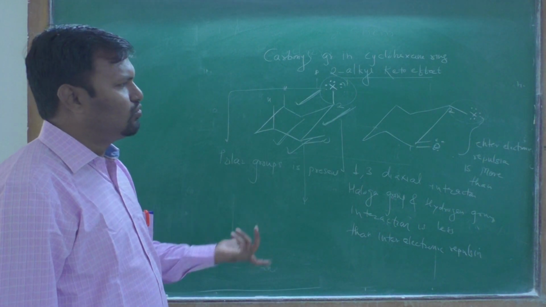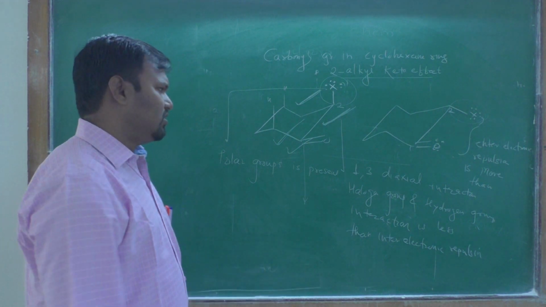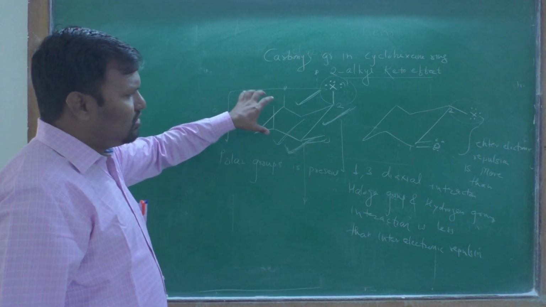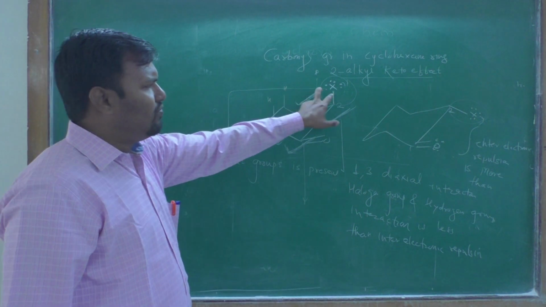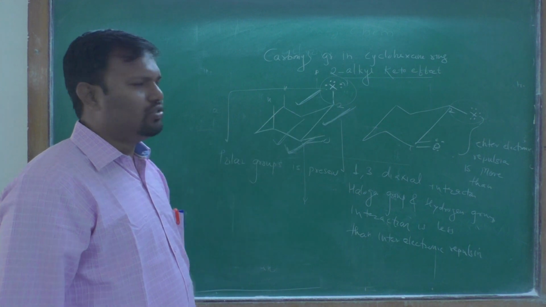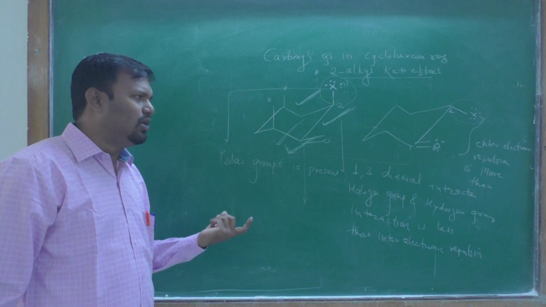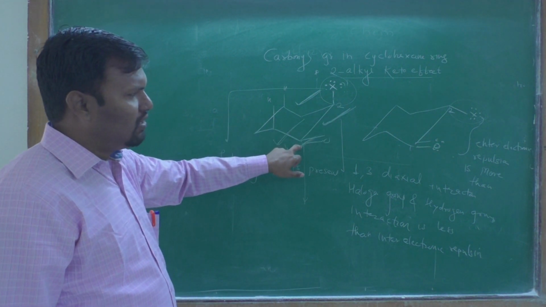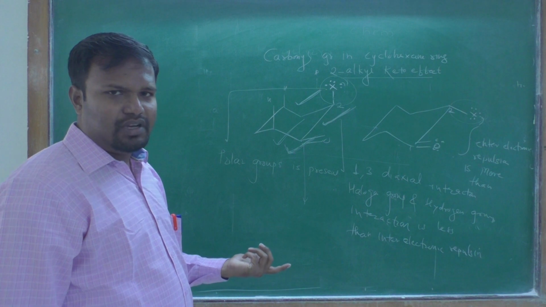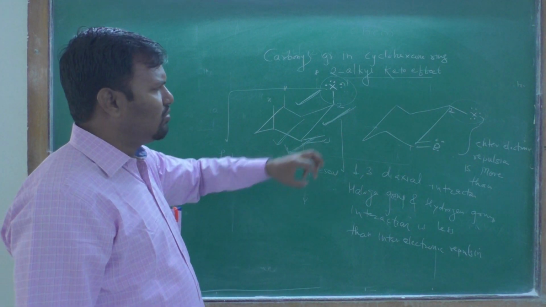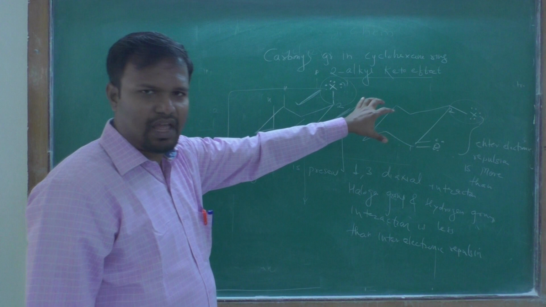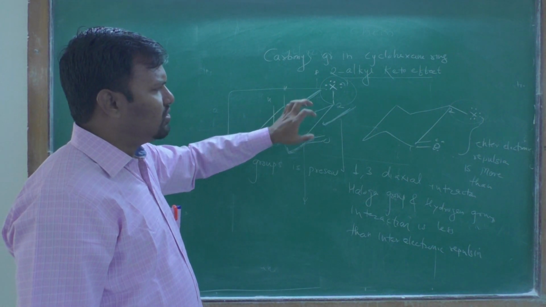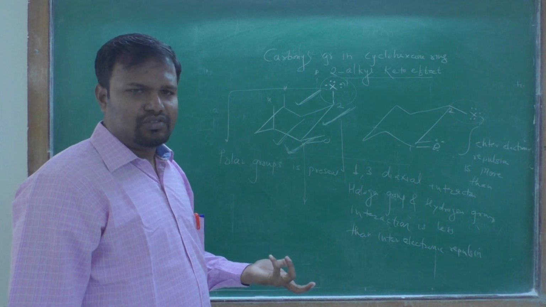Among these two conformations, the majority of the molecules are found in the conformation where we have the axial halogen. This is all about the stability when the polar group is at the 2 position to the carbonyl: if you consider halogens, you found that the axial halogen is the stable one.